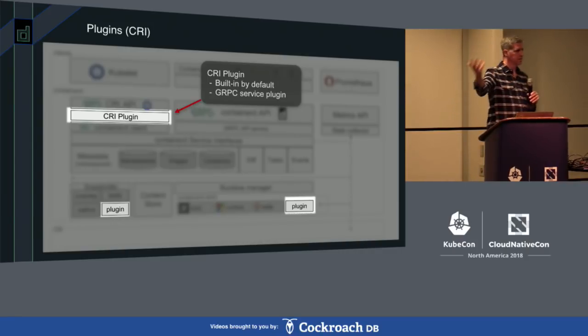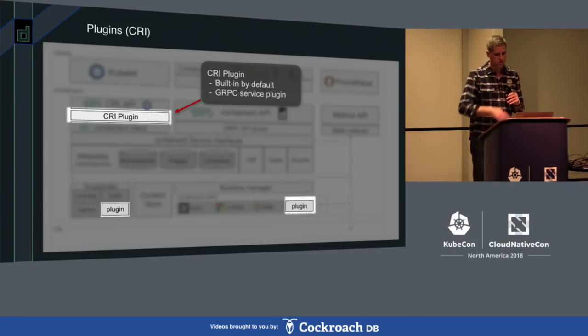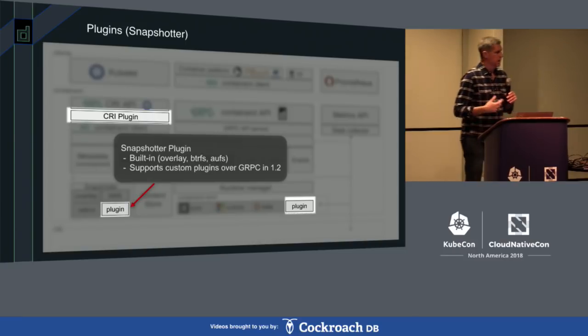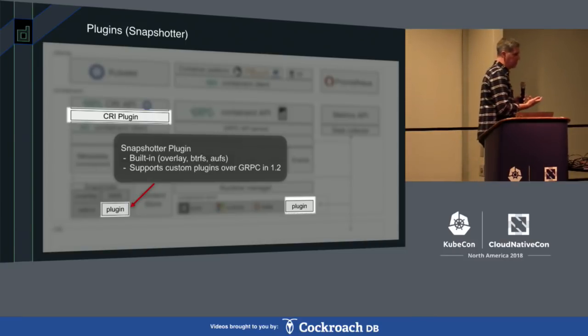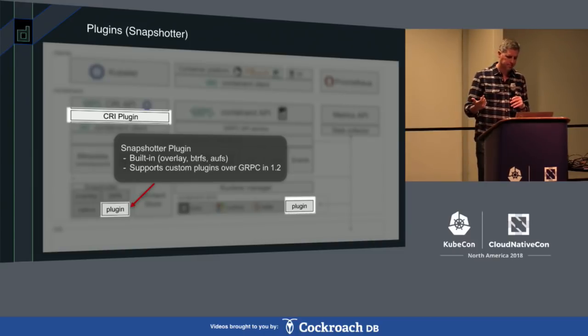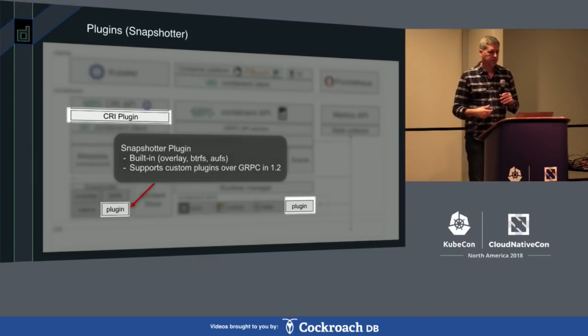So again, it's not a separate process that calls over gRPC, but it listens for the CRI API and then calls into Containerd. We have built-in snapshotter plugins for overlay, Btrfs, and AUFS. We have some other out-of-tree implementations. I think we have ZFS today. And you can actually do custom plugins as well.